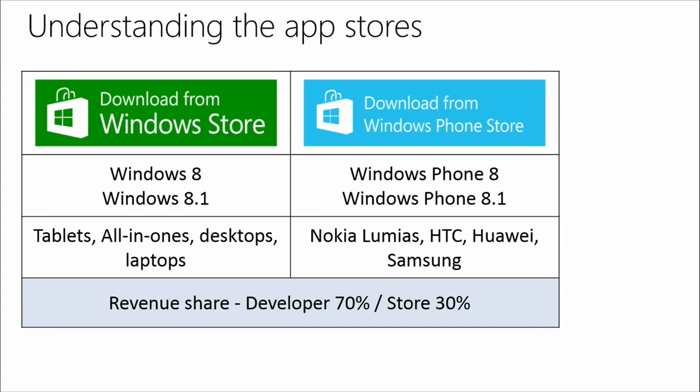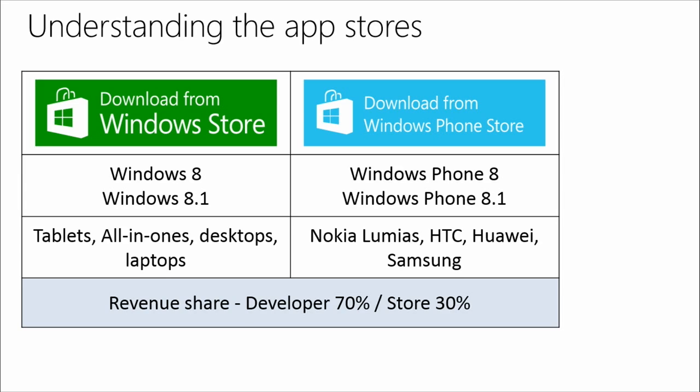So let's try to understand the way that the app stores are broken down here. So we do have two stores right now. Yes. We've got the Windows Store, and this applies to devices running Windows 8, Windows 8.1. That includes the Windows RT devices like the Surface RT tablet and the Nokia 2520, the Nokia RT tablet.